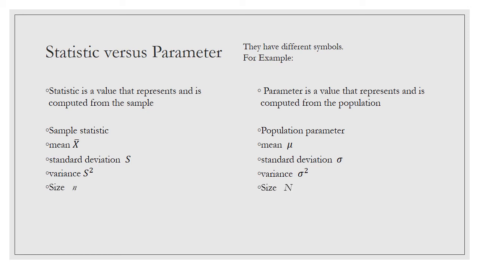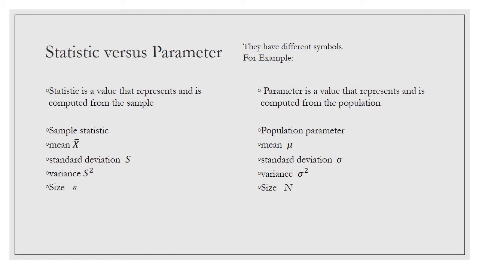For sample size, obviously a sample statistic, we use the lowercase n, and when it's a population parameter, the size of the population, we use an uppercase N. These are just a few of the key differences between a statistic symbol and a parameter symbol.